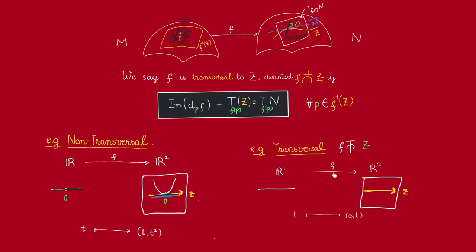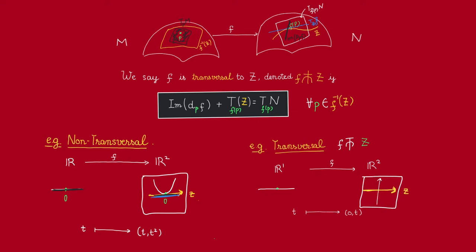So now let's look at another map from the real line to the plane. This is given by t maps to (0, t). So it just sends the real line to the y-axis. Now the preimage of this Z, the x-axis, is just the origin. So to check transversality, we just need to check that this condition holds at the origin. The image of the origin is again the origin.